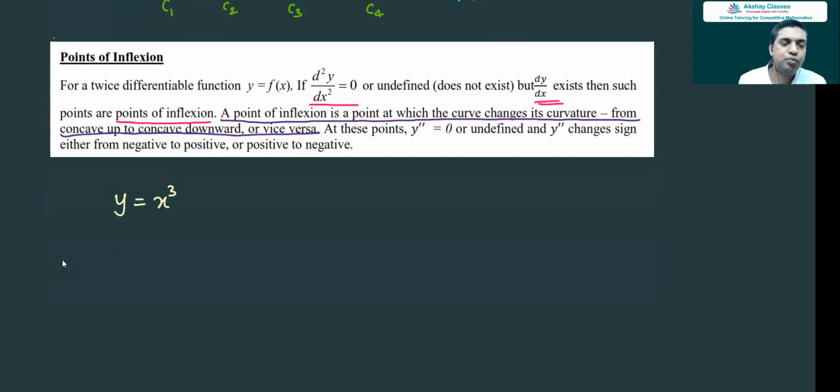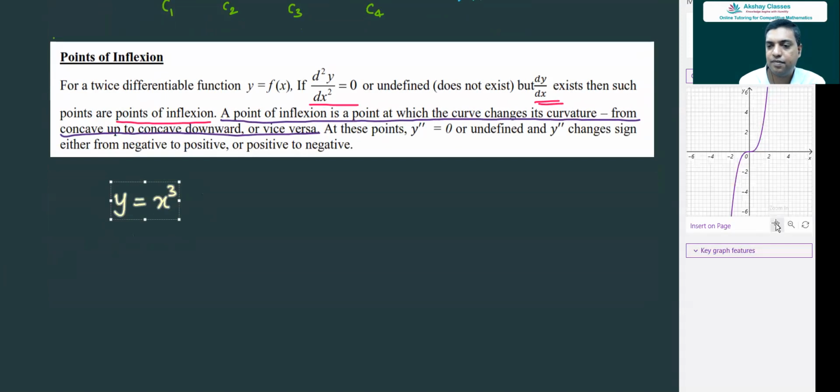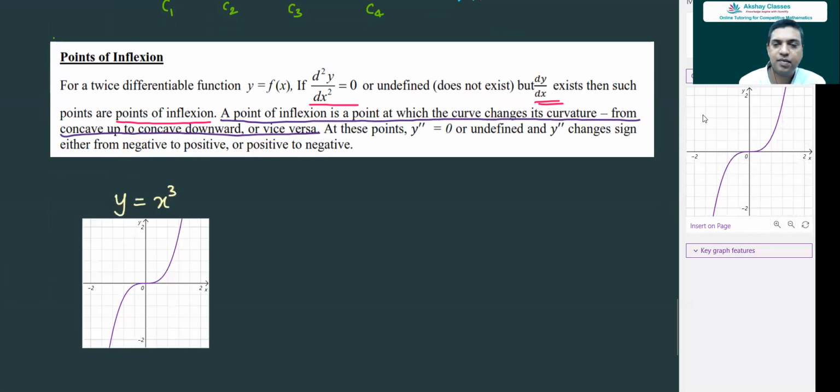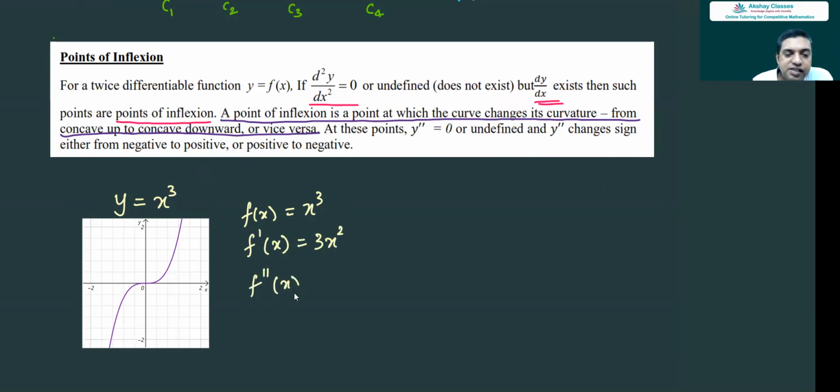Y is equal to x cubed. This we have just now studied, that this is a strictly increasing function. So here f of x is x cubed, f dash x is 3x square, f double dash x is 6x.